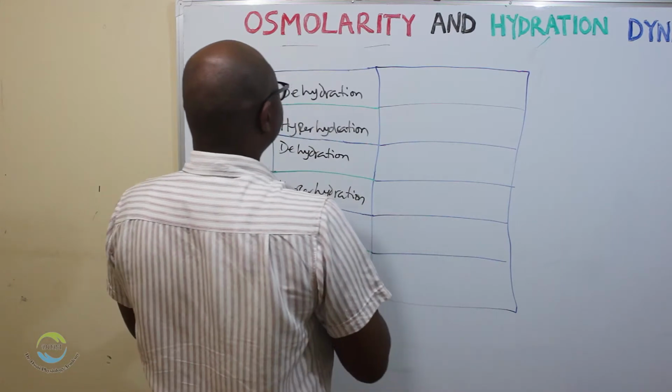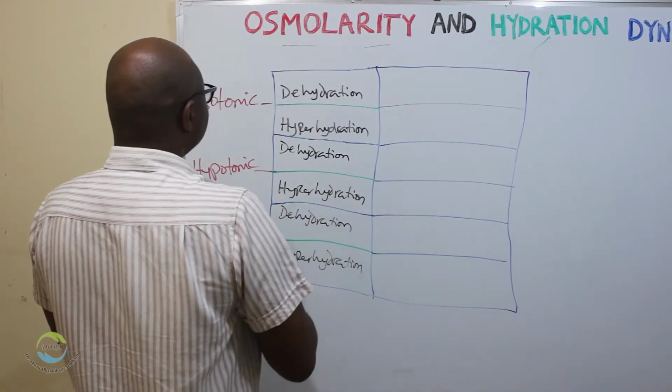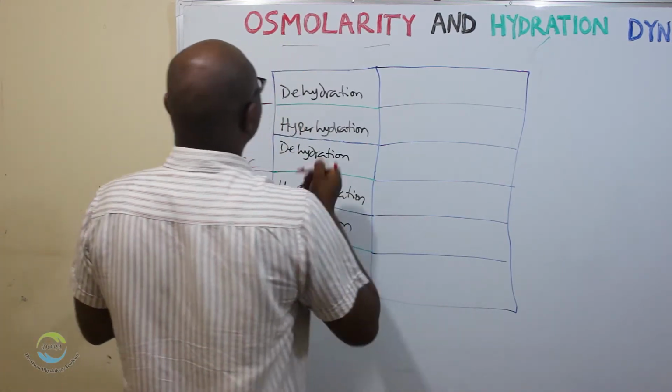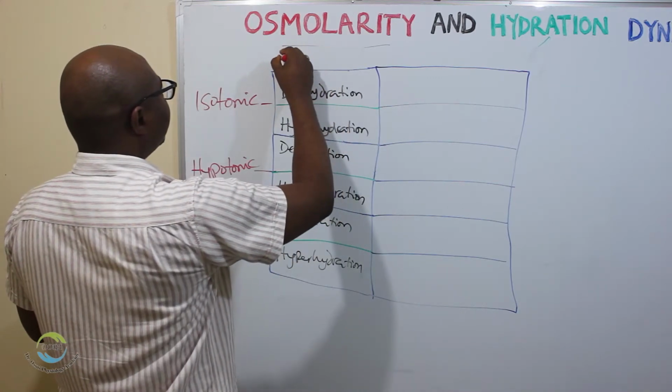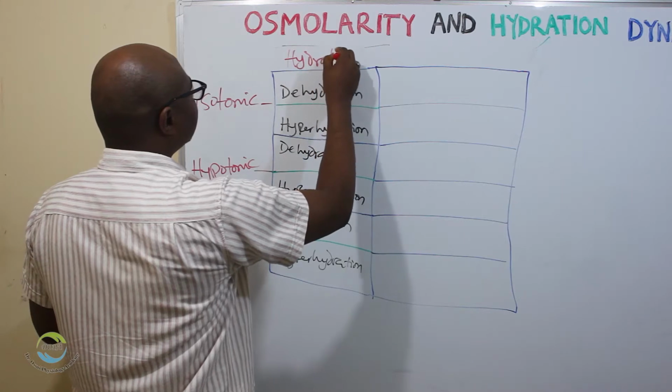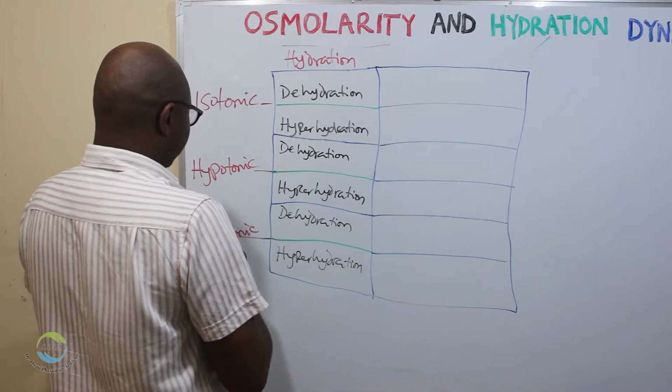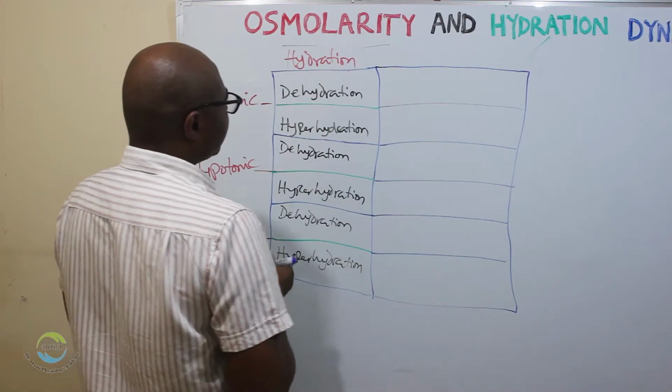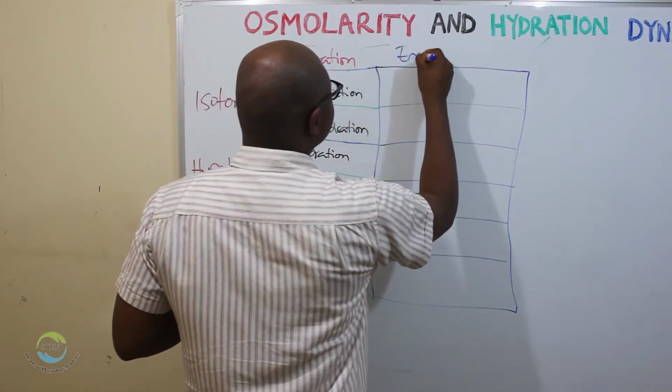So this is talking about the volume or the hydration. Okay, then this is examples, what could cause them.